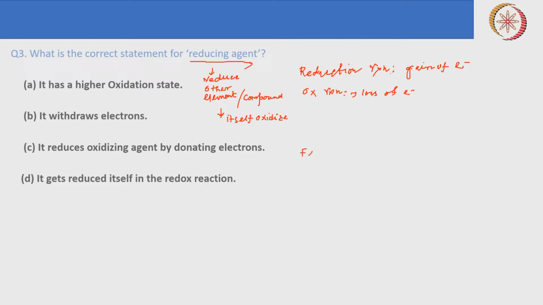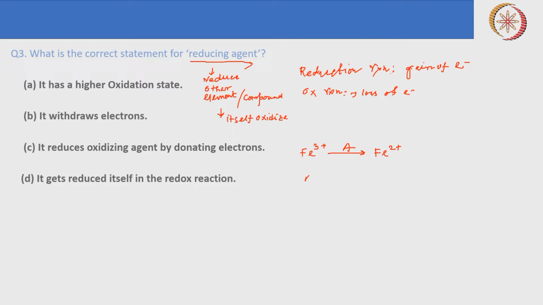Okay, so if you take an example, suppose Fe3+, I have added some compound A and it is forming Fe2+. Here you can see that Fe3+ is accepting one electron and going to Fe2+. So A is transferring one electron to Fe3+.